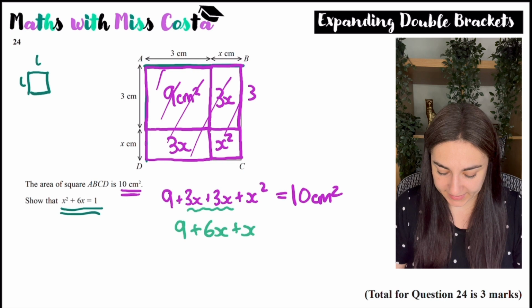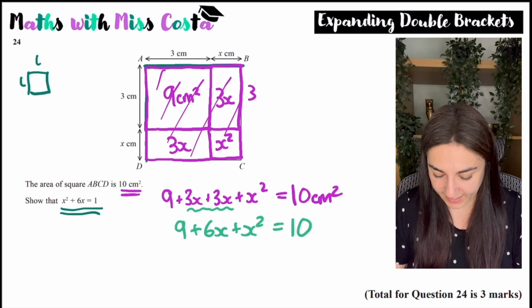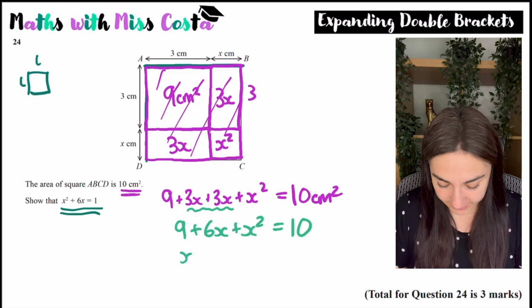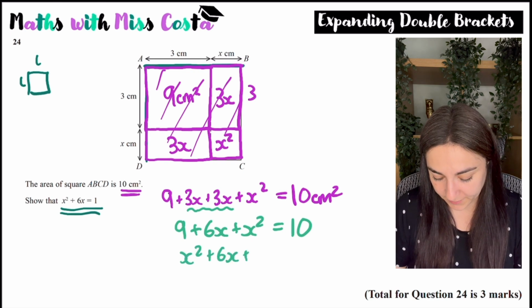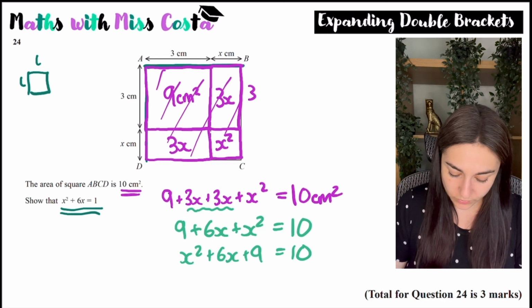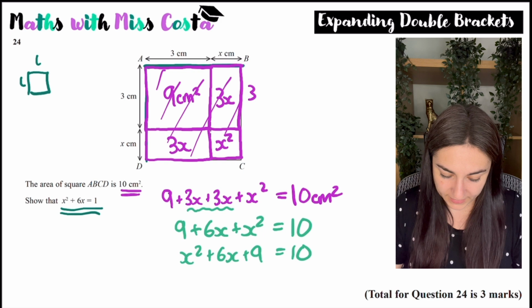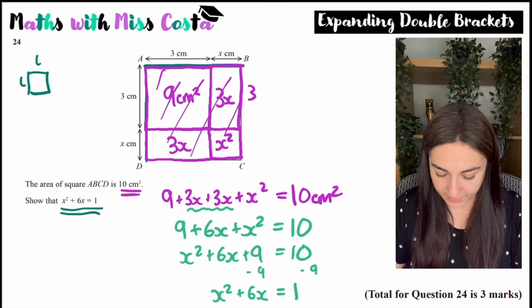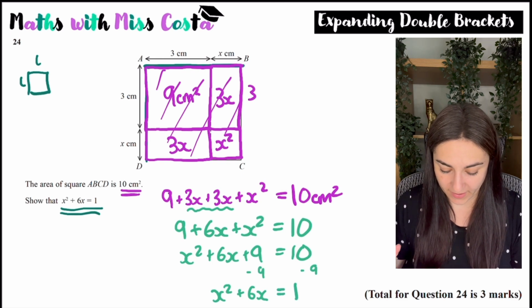So 9 plus 6x plus x squared equals 10. And then I could rearrange it so that it's in order of powers. So x squared plus 6x plus 9 equals 10. All I've done is move them around so that they're in order. And now if I subtracted 9 from both sides, I'd be left with x squared plus 6x equals 1. So that's the first way that I could do it.